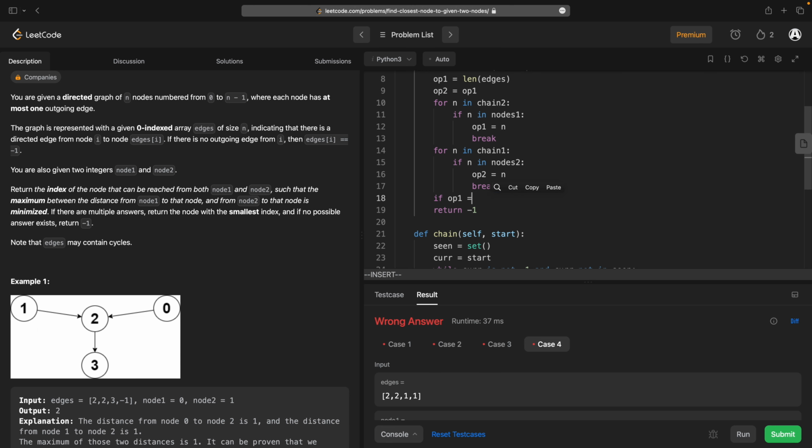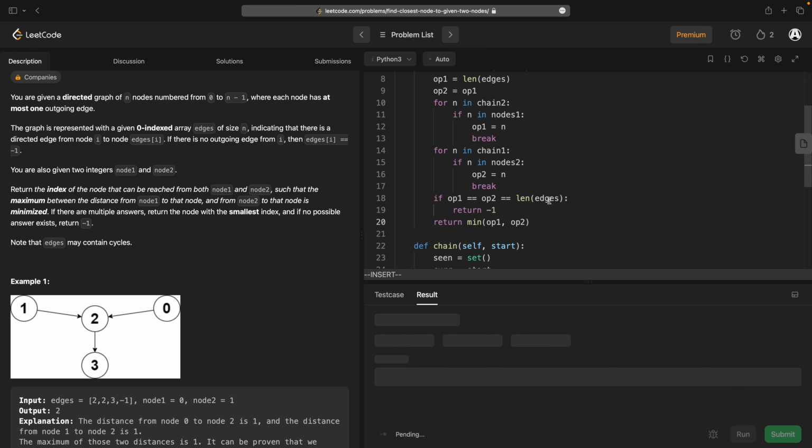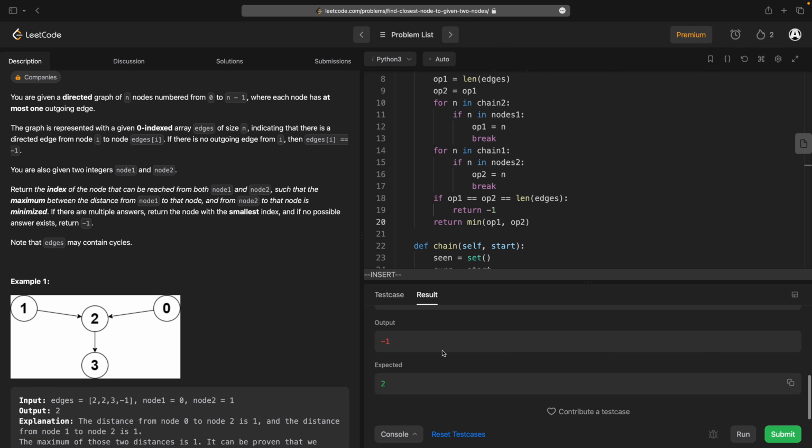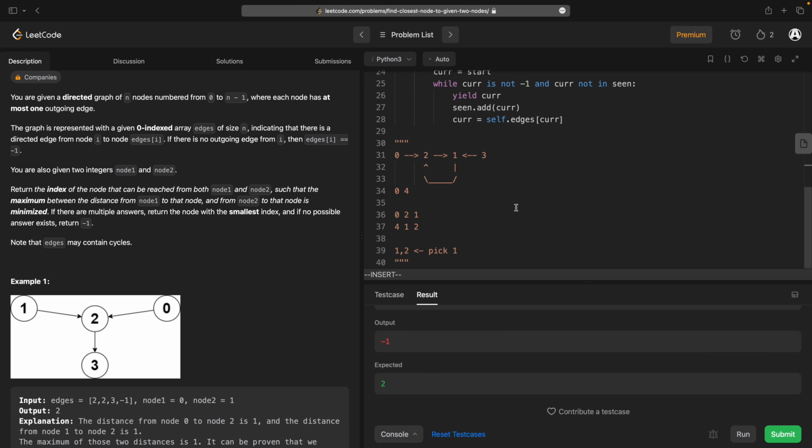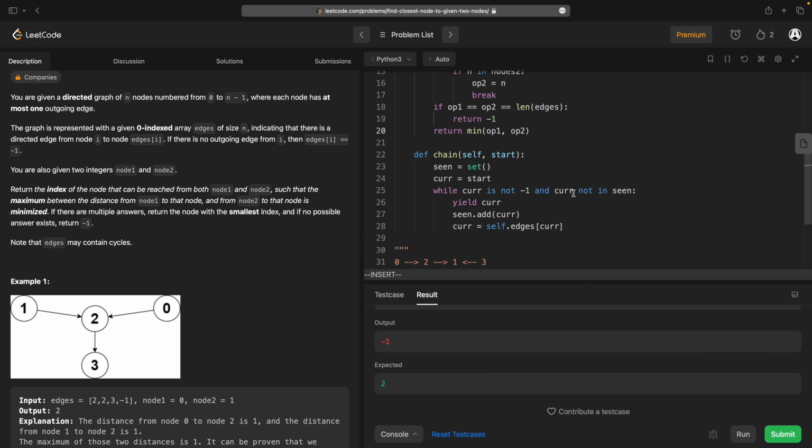If op1 equals op2 equals len edges, return -1, return the min of op1 and op2. That's a problem, but not the main one.